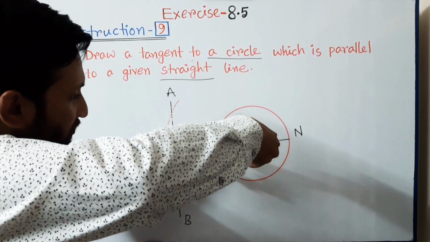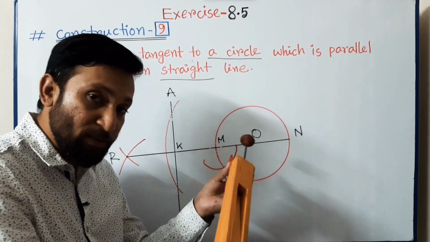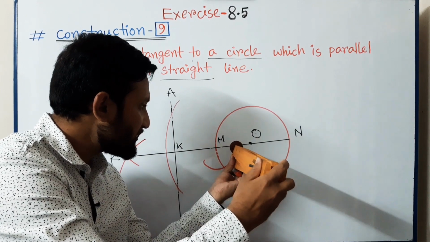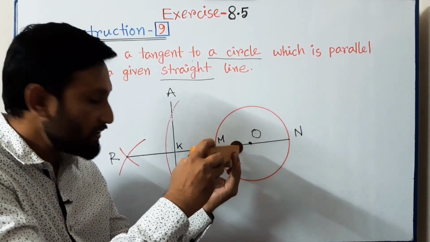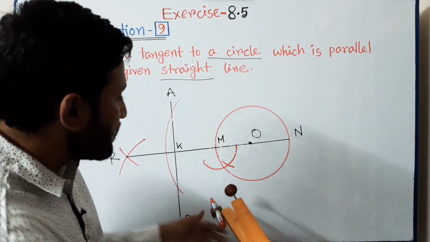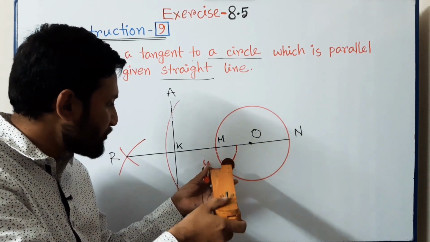Now set the compass in the same radius on one point of this arc and part this arc in two portions. First portion, and again set this compass here, and this is another portion.